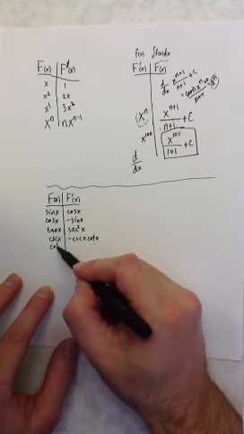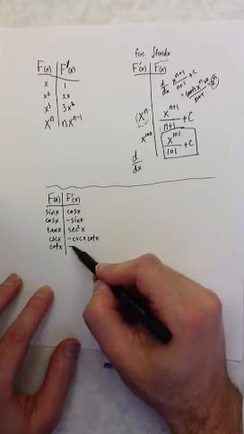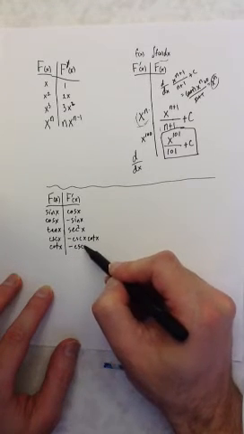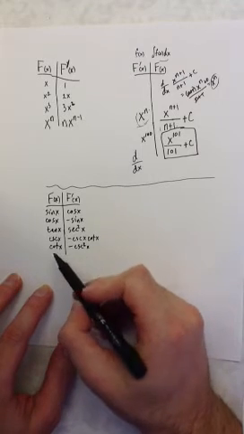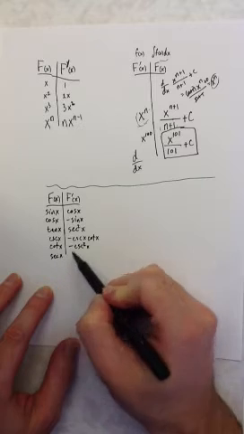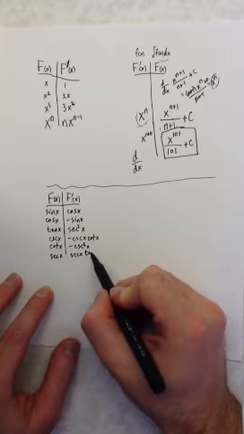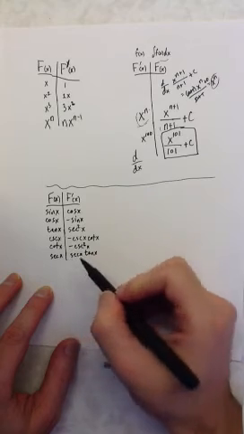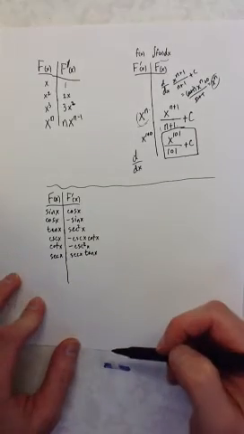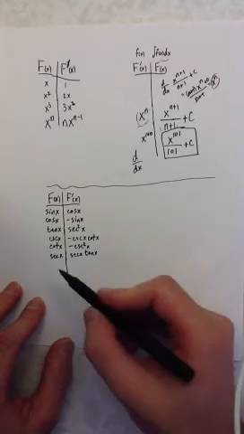The derivative of cotangent x is negative cosecant squared x, and the derivative of secant x is secant x tangent x.